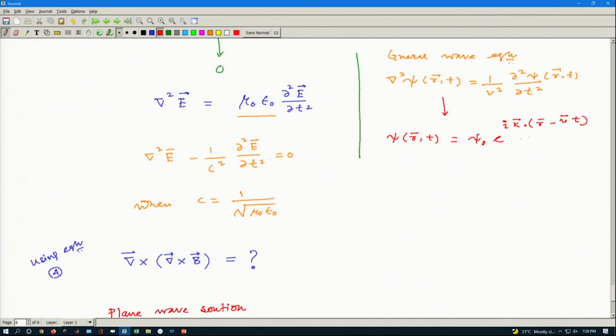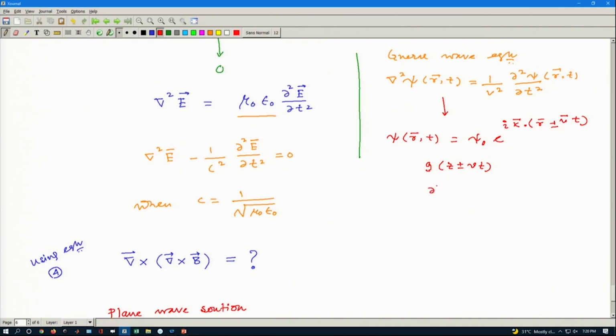So, one should expect this kind of form for plus minus. This is the general form, because the general solution, if you remember, in one dimension, it was z plus minus v t. That was the form of the solution of the wave equation when g was the function.